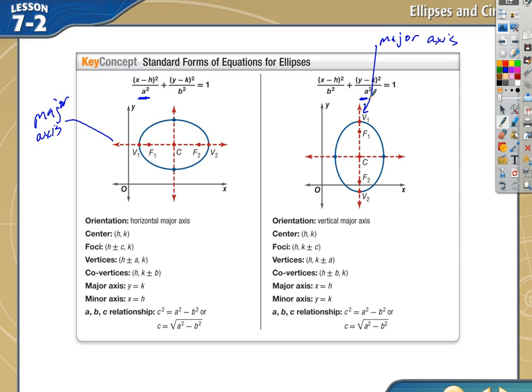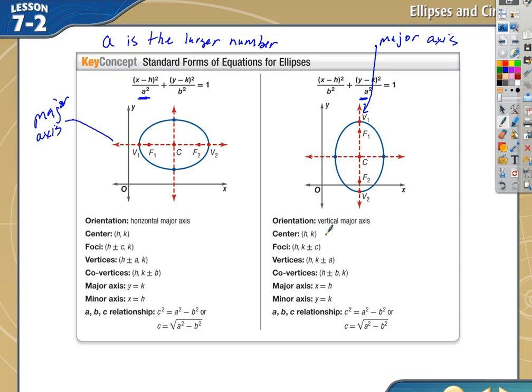The reason is that A, when you see it in your formula, is the larger number, and wherever the larger number is, that's what the major axis is parallel to. In this one, A is the larger number under the x, so my major axis is parallel to the x-axis. In this one, A is my bigger number, underneath the y, which means my major axis is parallel to my y-axis.